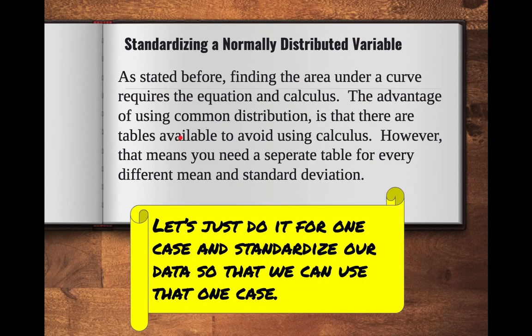So the idea is if we can standardize this so that we can take every single problem and turn it into the exact same distribution, then I can look it up on a table. I only need one answer that I can use to do all of it.